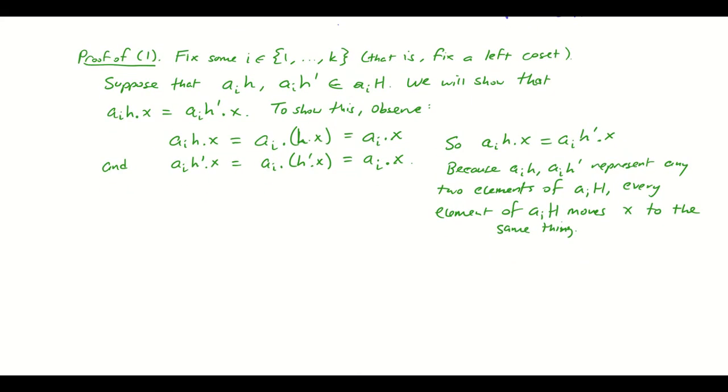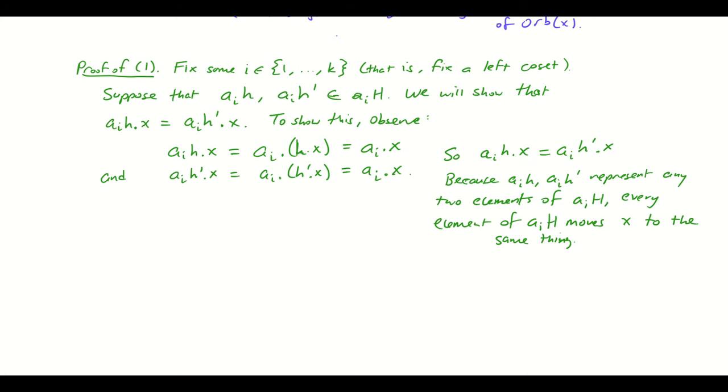Now let's darken our color a little bit, just so that we can have a little bit of a distinction here, and we'll prove subclaim number 2. So this is the proof of subclaim 2. And now we want to show that elements of different cosets, different left cosets, map x to different things. All right, so suppose i and j both belong to the set 1 through k, and i is not equal to j.